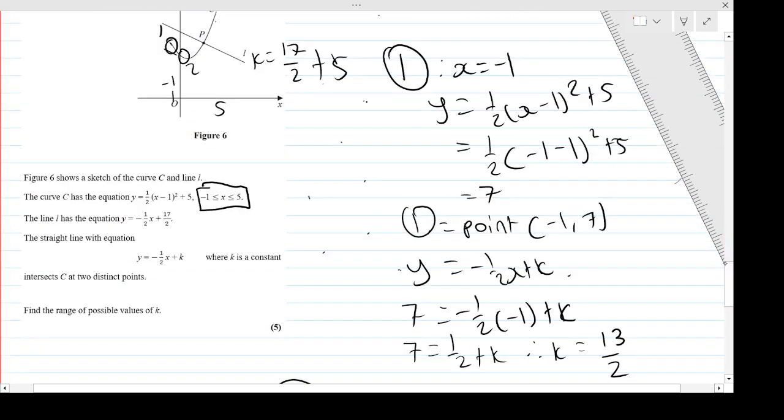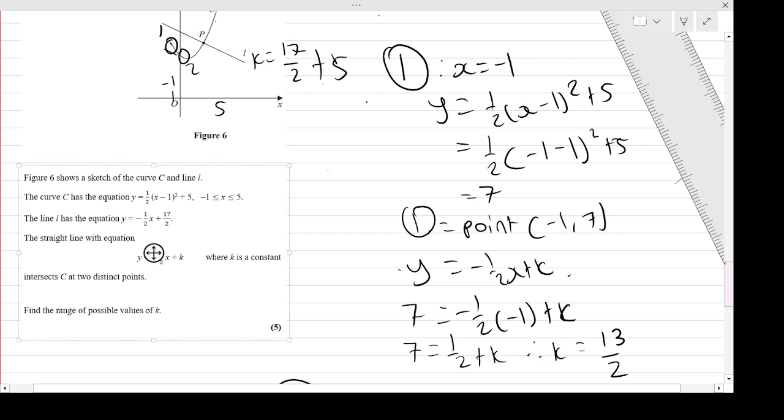The whole idea is we need to be more conscious in this question, and this is what makes it very difficult. We need to realise the discriminant is not the only tool we can use here, because of the fact that x has restricted values.